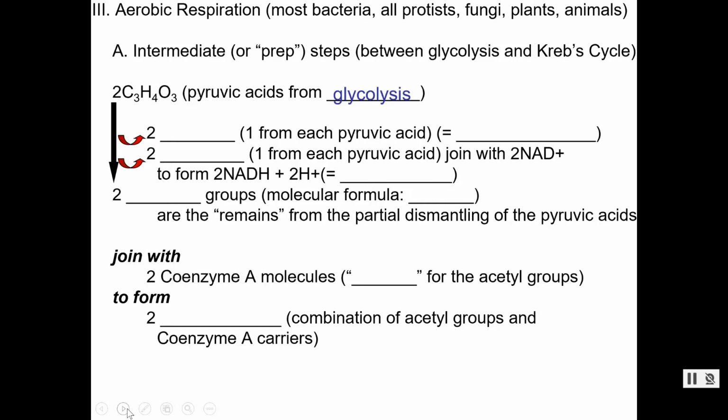Now, there are a few bacteria that don't, and we'll talk about those few exceptions, but this is the main process, and it's almost virtually identical in animals and us as it is in bacteria. So let's continue learning this. So we're going to take a C3H4O3, which is our pyruvic acids from glycolysis, and let's see what happens next.